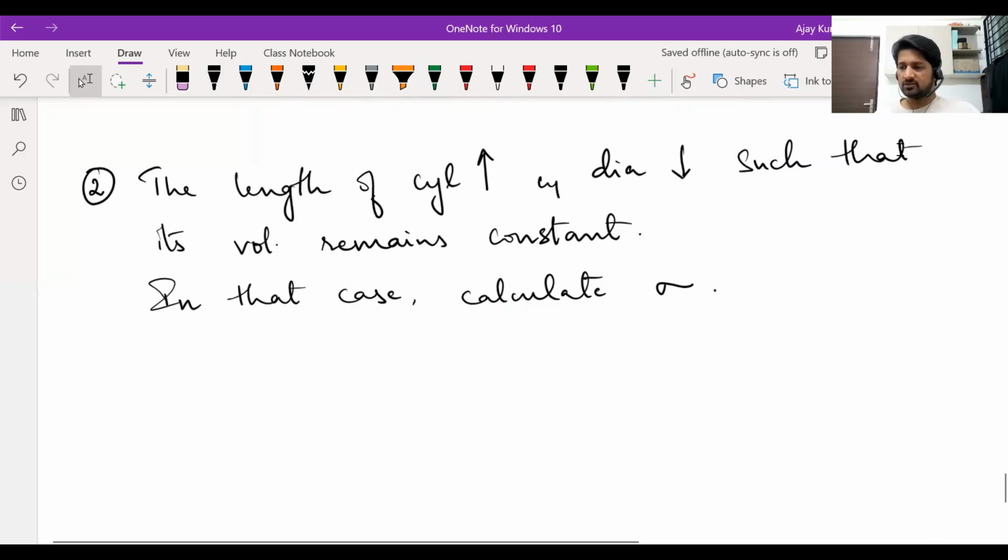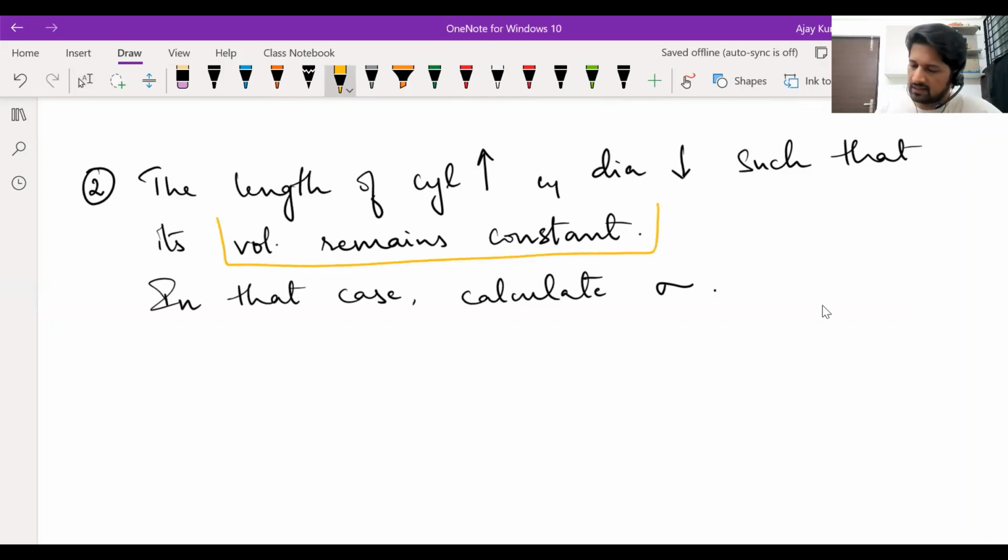So this time actual changes are not given to you. Assume the relative change in length is some x. Volume remains constant, meaning change in volume is zero. Can one of you tell me, if volume remains constant, what is the relative change in volume? Zero, sir. Zero. That is the only thing that is given to you.